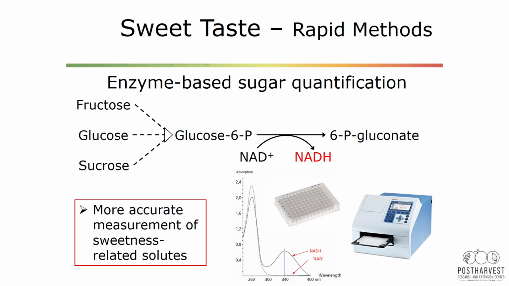And so the amount of this NADH that's produced during the enzymatic reaction is directly proportional to how much sugar you had in the beginning, so that's an indirect measurement for specific sugars. And you can do many samples all at once. Each of these holes here can hold one sample, so you can read many samples at a time. But again, it's a pretty big machine and it's pretty expensive, so it's more for research than for industry.